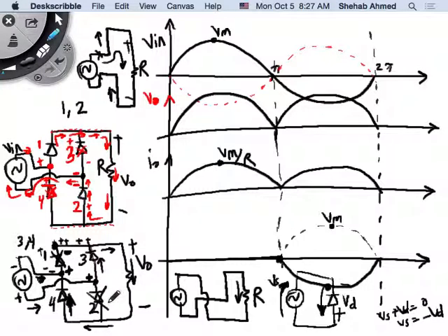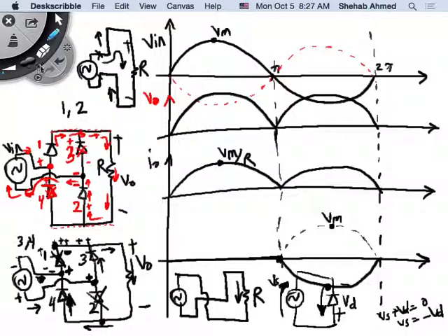And same thing with D2, right? Because diode 4 is on, so the negative supply terminal is down here, and the positive supply terminal is here. So when D2 is off, it also sees the positive supply terminal here and the negative supply terminal here. So it also sees the full supply voltage across. Okay?